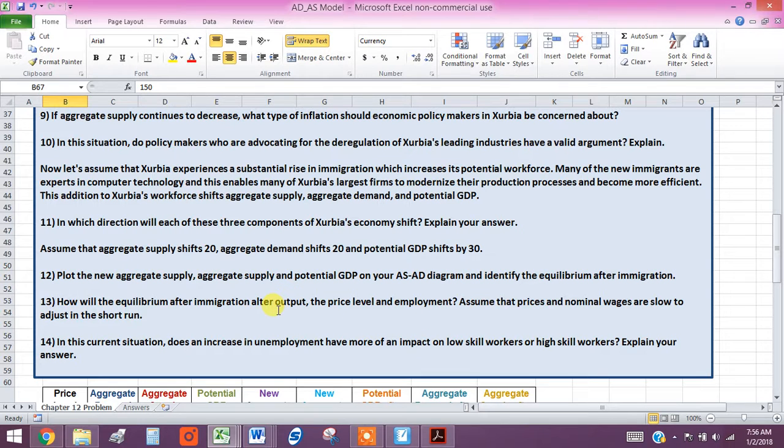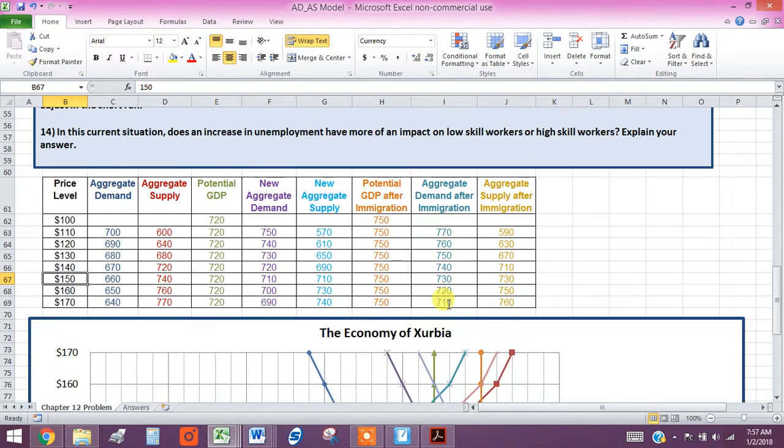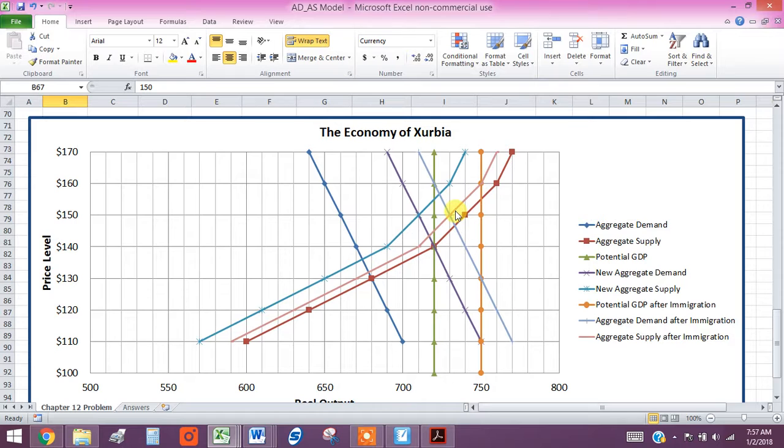The output's going to increase, and we're going to have some unemployment, because we can see right here that since potential GDP changed, we're no longer at our potential. We'd be over it if it was where it was before on this green. But since it's out here on the orange, we're actually under it. Okay, so we're not operating at full potential, so we're going to have some unemployment.